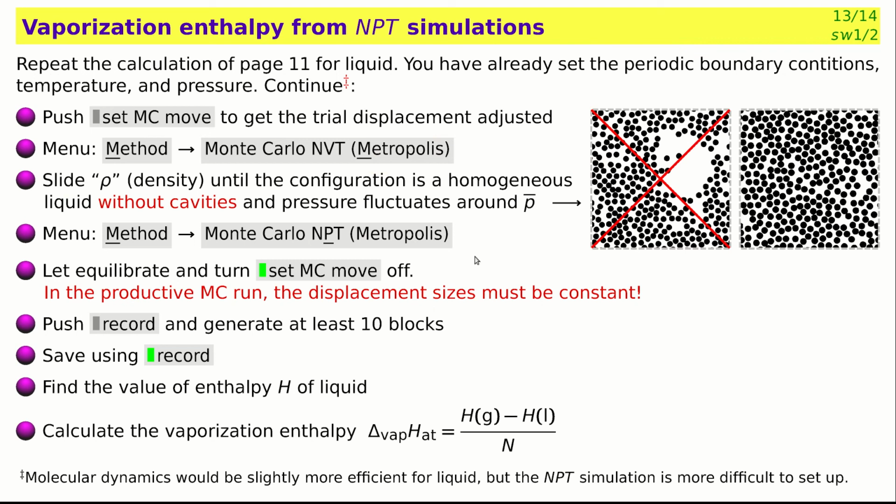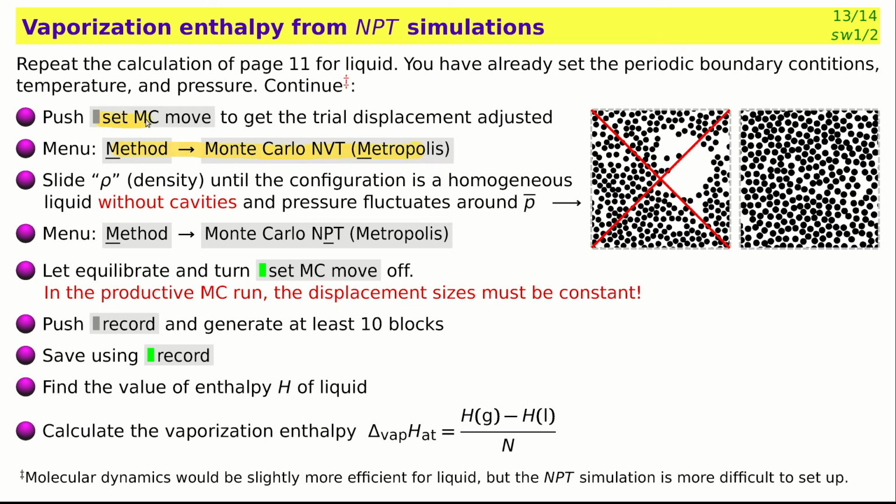Then we will calculate at the same average temperature and pressure the liquid, so the simulation will be at the same conditions, only we must prepare liquid. To do this, we switch back to NVT.